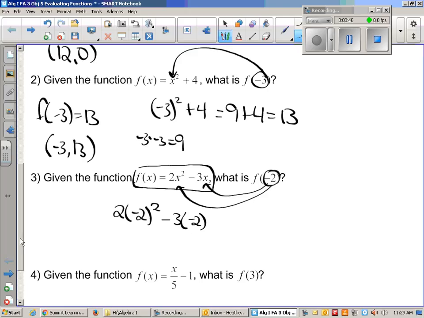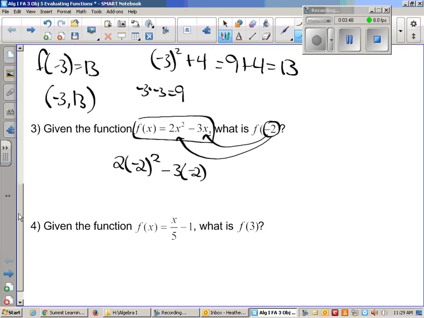So my order of operations, don't forget this. Order of operations, you do exponents first before you do multiplication. So negative 2 squared is positive 4.